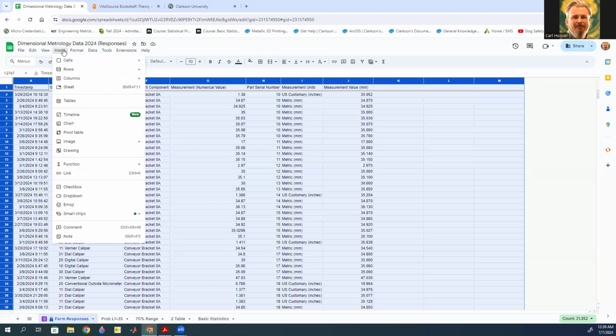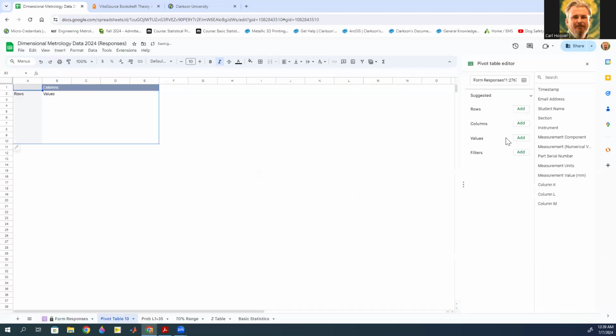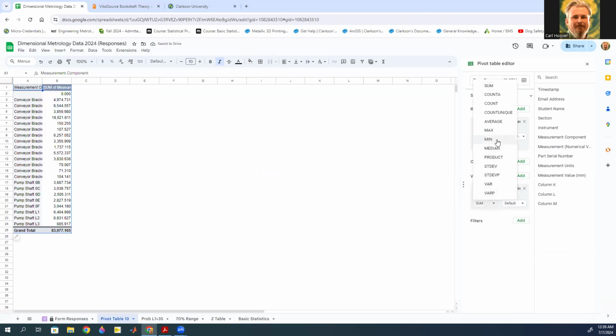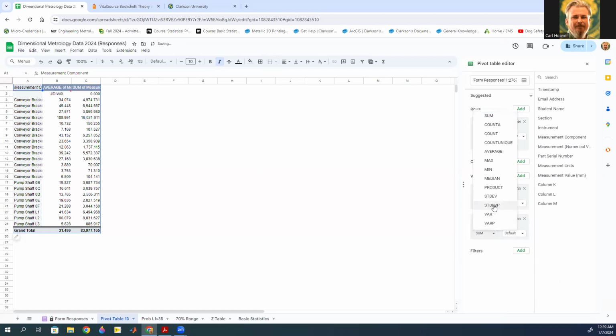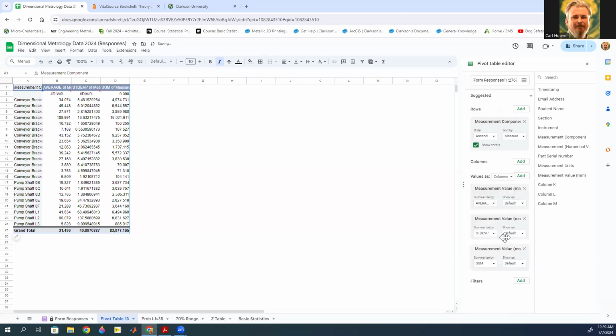So first we'll go ahead and make a pivot table. In so doing, we'll add measurement components, and then we'll add values, numerical values. We'll add the average, standard deviation of the population, and we'll also add the count.